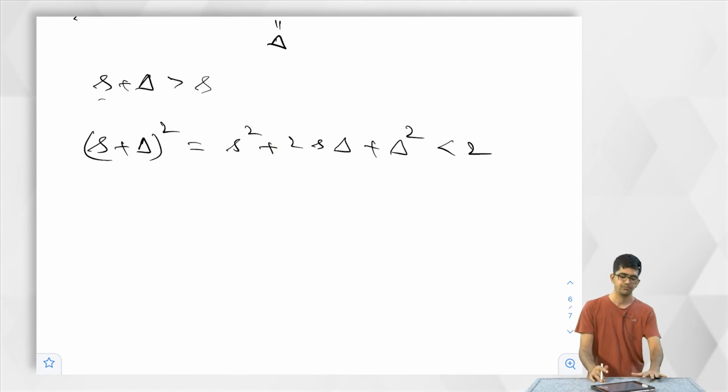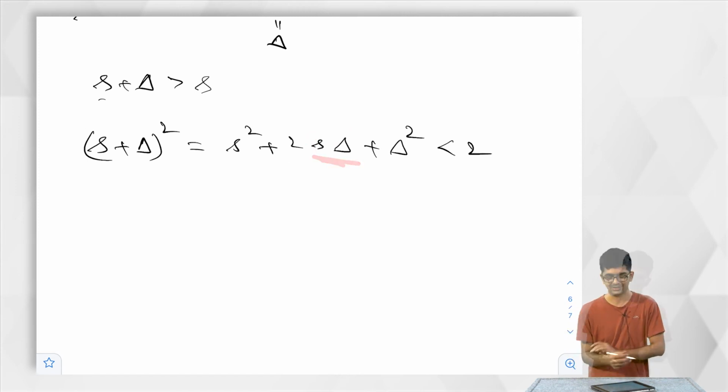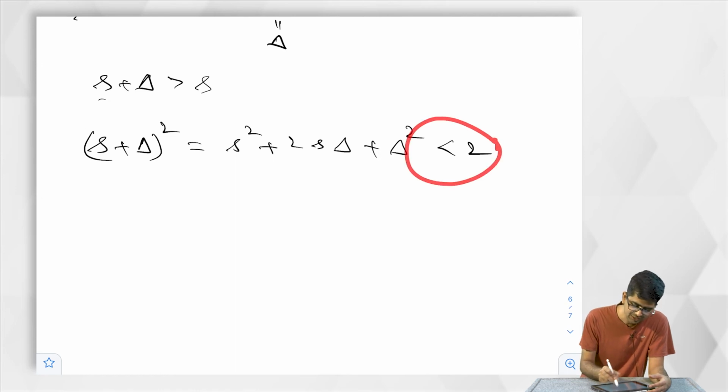And something that bothers me is that we are multiplying by 2. Even if delta is less than 1, multiplying by twice might increase this quantity to a large extent, so that this might not happen.